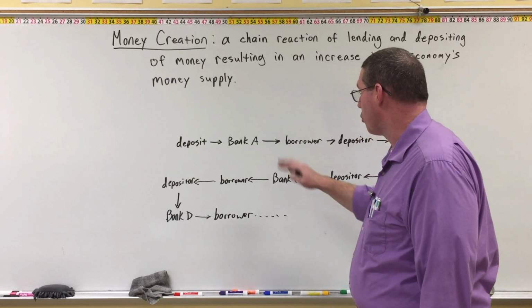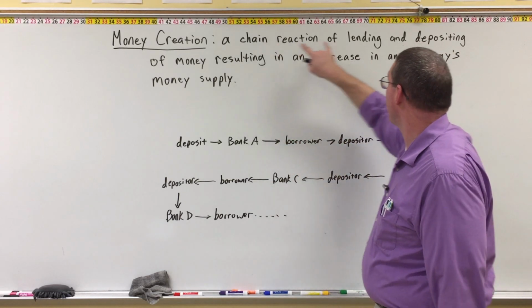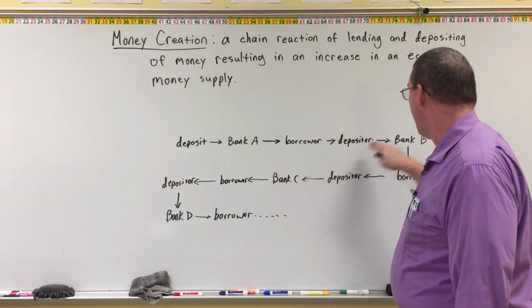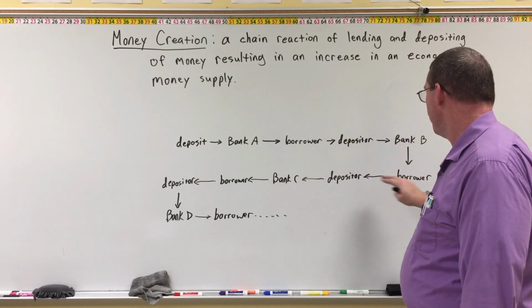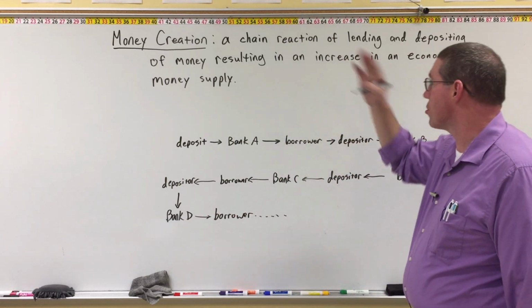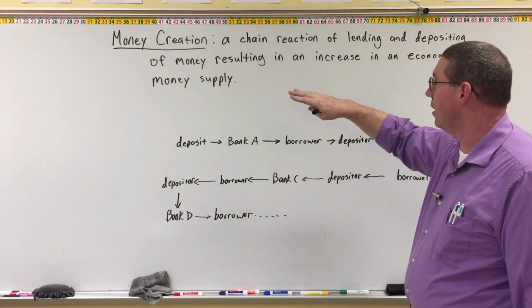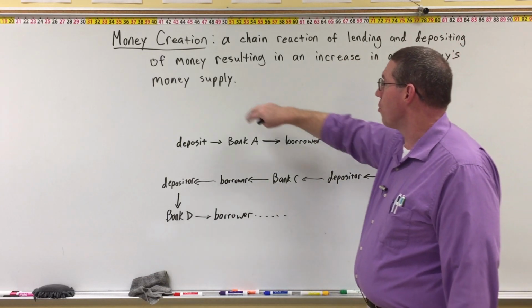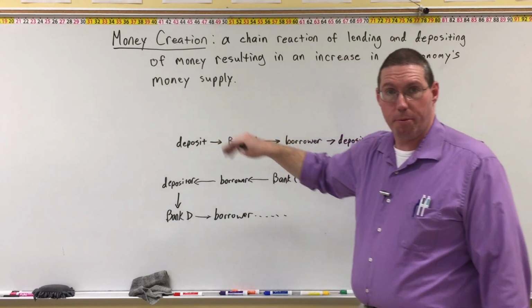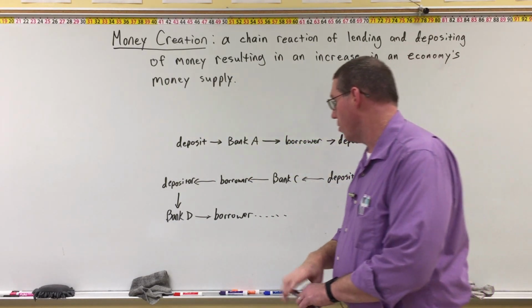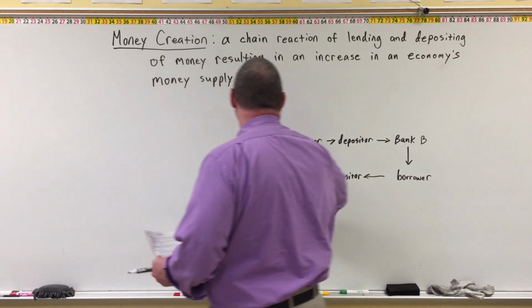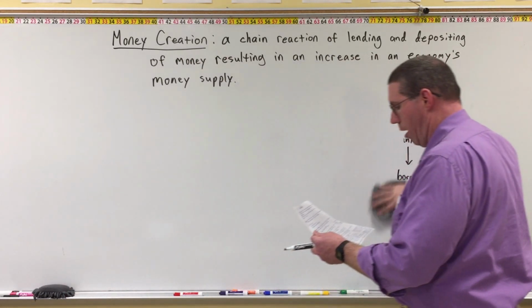Through this chain reaction of lending and depositing, lending and depositing, the result of the whole thing is an increase in an economy's money supply. We call the process money creation, or the money creation process.